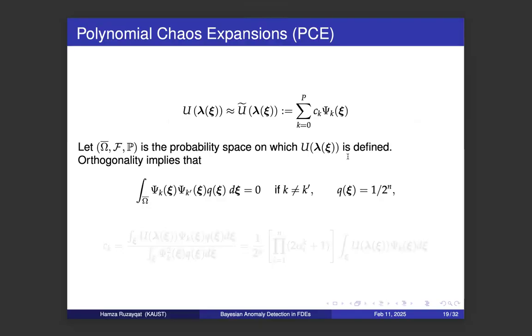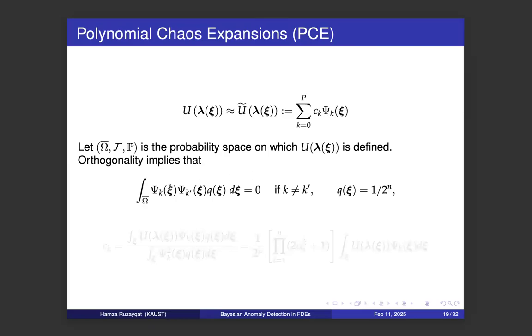Okay, so if you consider the probability space omega, this is different from the omega, the region I considered before. This is just a probability space on which the random variables u of lambda of xi are defined.